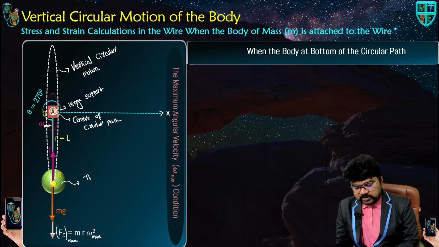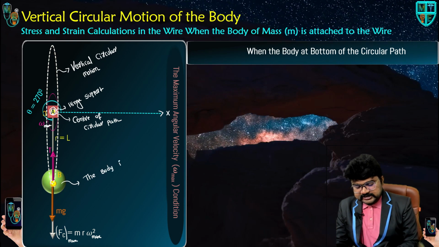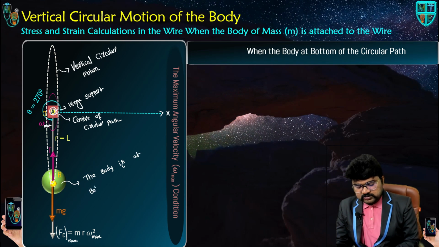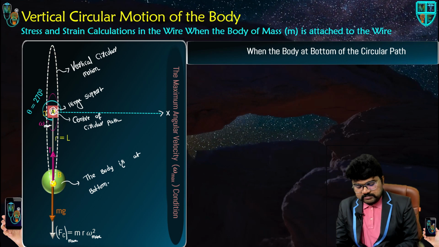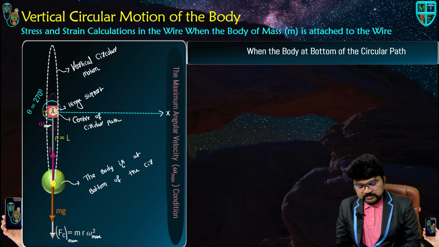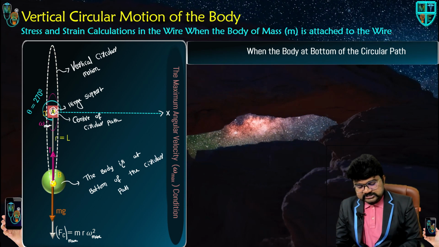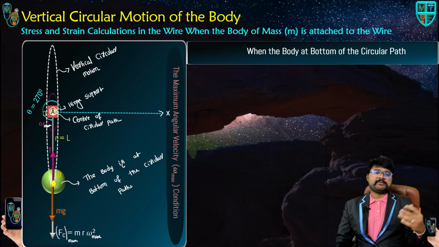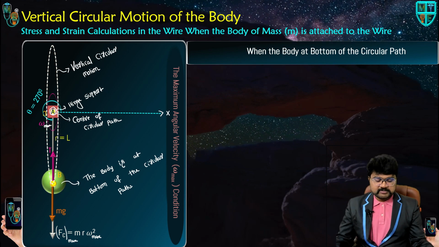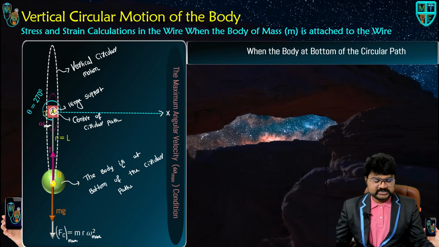Understood na? So entire discussion from now onwards is based on the body at the bottom of the circular path and the maximum angular velocity condition.